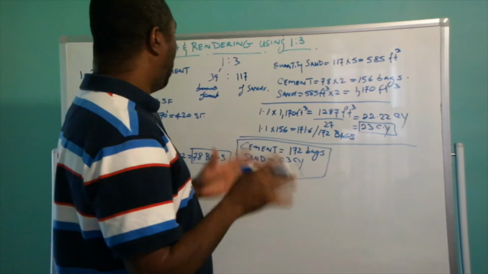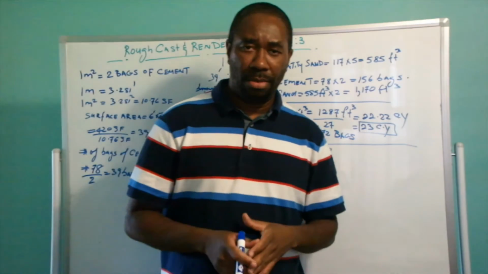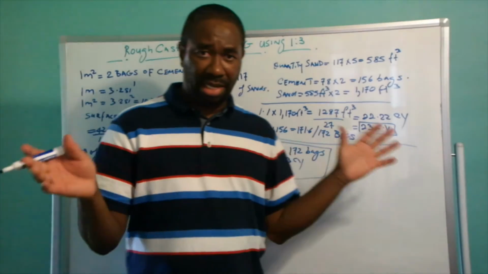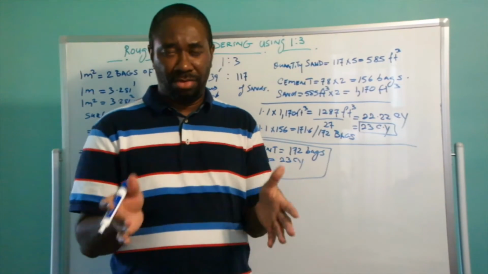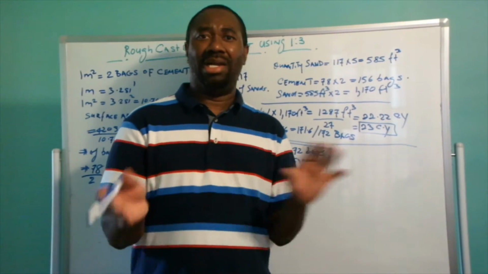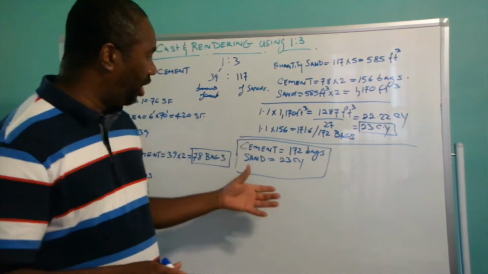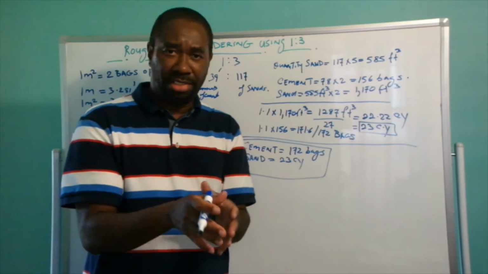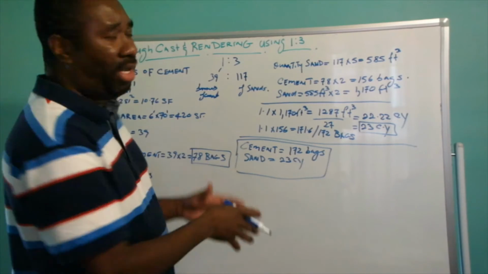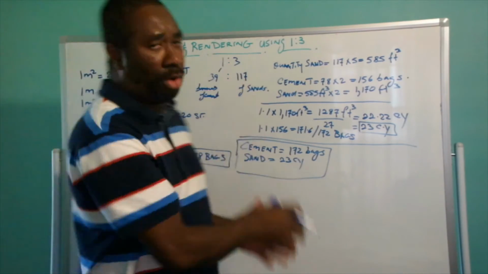Now, based on my estimation, I am going to approximate that the rendering takes the same amount of material. It can be a little bit more or it can be a little bit less, but I think it is in the range of the same quantity. So we are going to use the same quantity that we have obtained for our rough cast for our rendering.